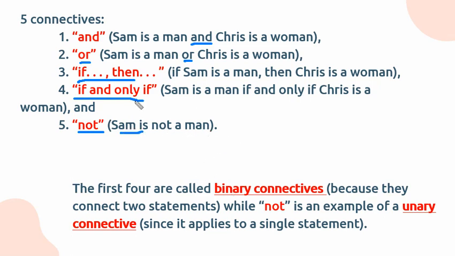So the first four are called binary connectives: "and", "or", "if then", and "if and only if", because they connect two statements, while "not" is an example of a unary connective, since it applies only to a single statement. And these molecular statements are, of course, still statements, so they must be either true or false.